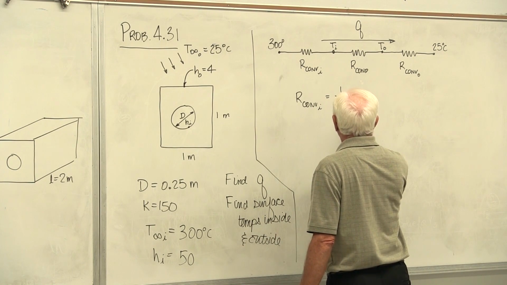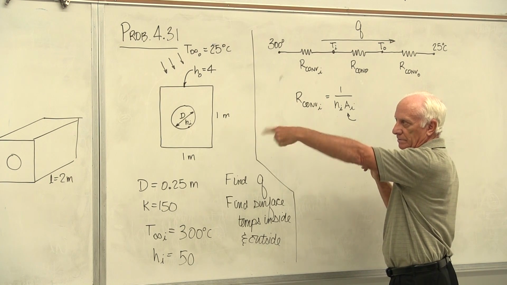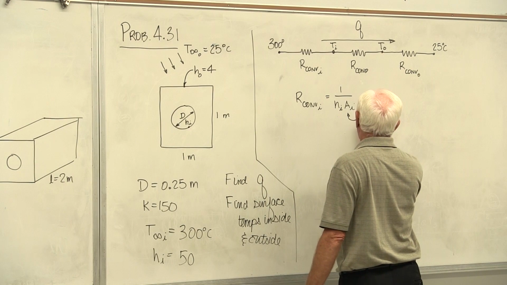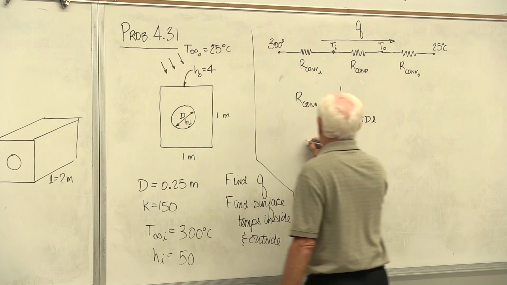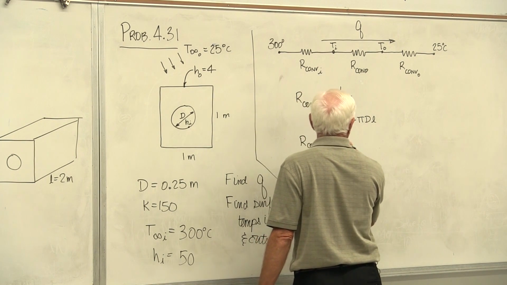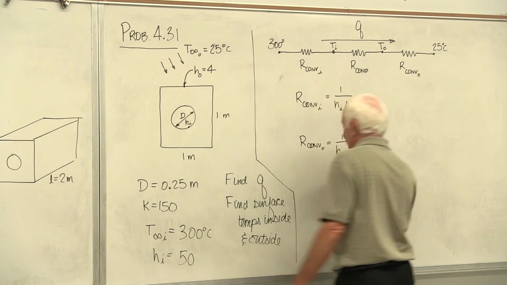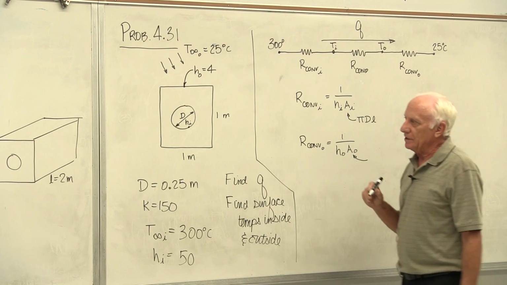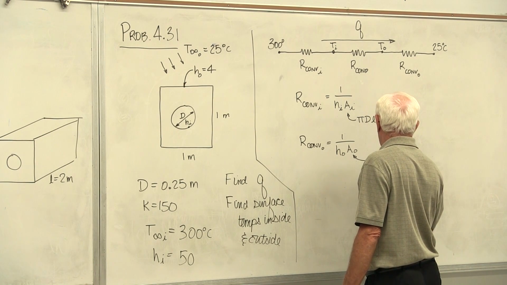The area on the inside, though, it's a circular hole, pi d times the length L. Okay, R convection on the outside. The area of the outside, there's 4 sides, top, bottom, left, right. Each area is 1 by 2. 4 times 1 times 2.